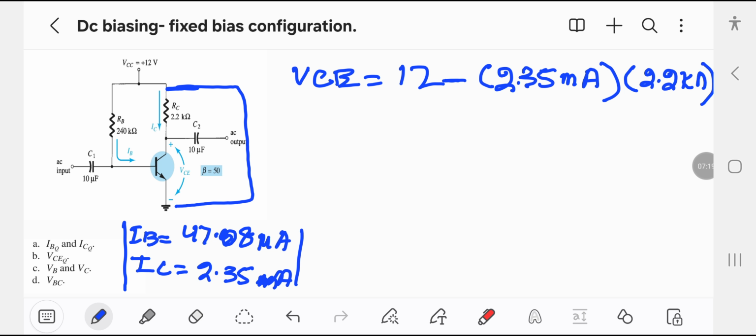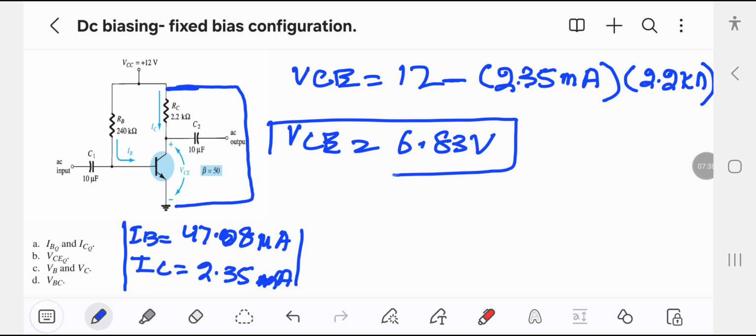If we calculate all these values, we got 6.83 volt. So VCE is actually equal to 6.83 volt.